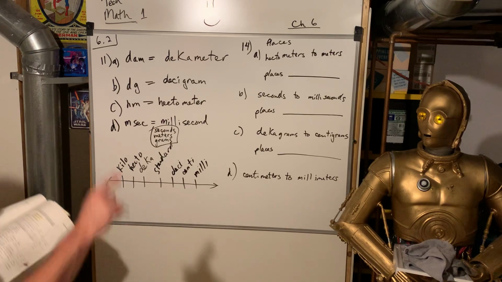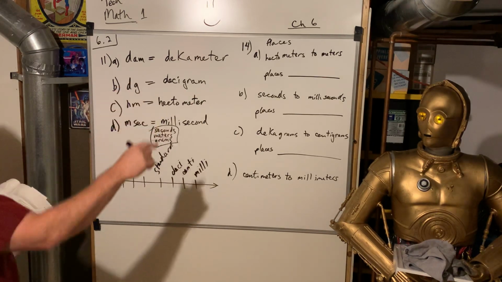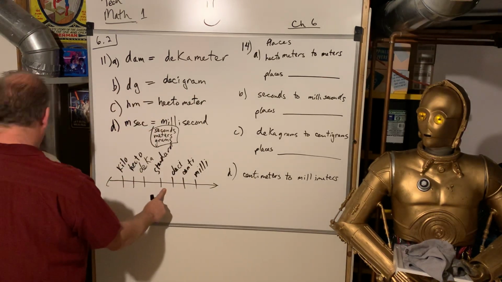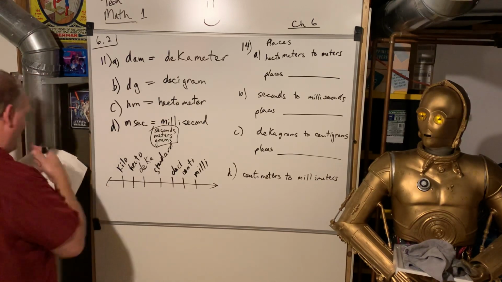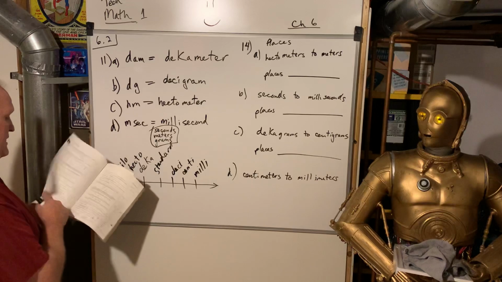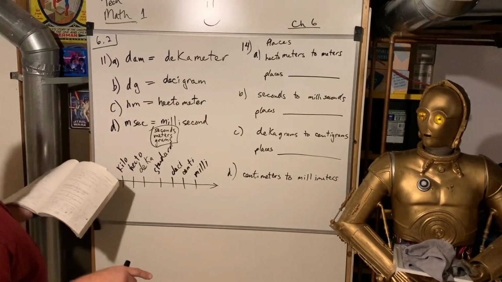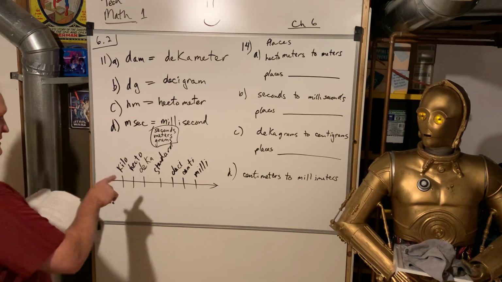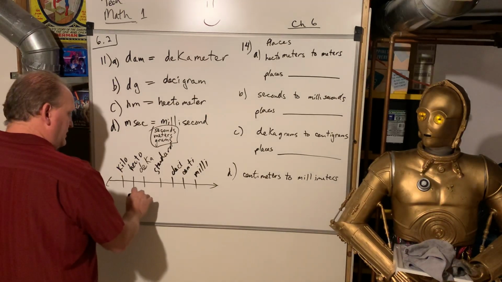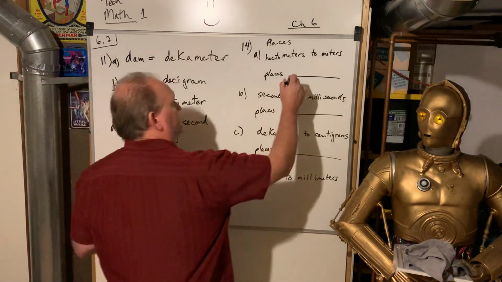So if I'm going from hecto to just meters, how many places would I count? That would be 2 places to the right.